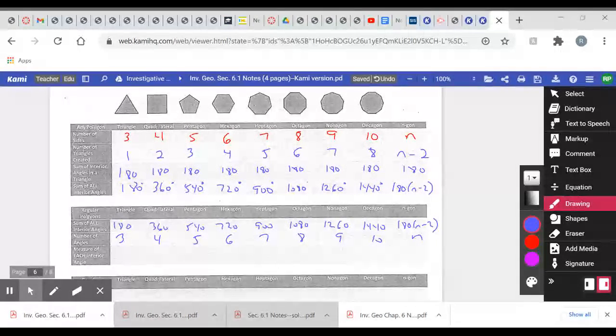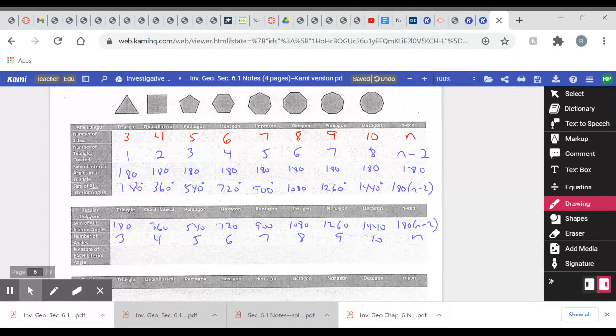Okay. And then if we know what all the interior angles add up to, and we want to know the measure of each interior angle, just what one is, then we're technically dividing to get that answer.